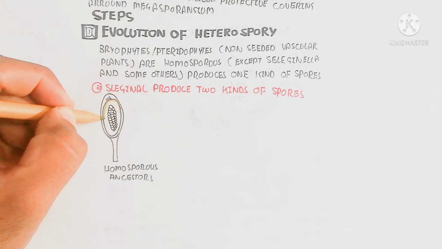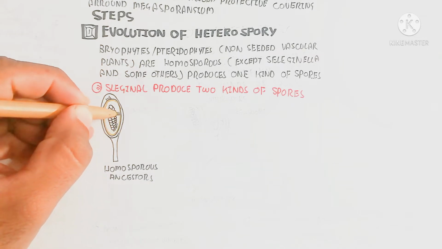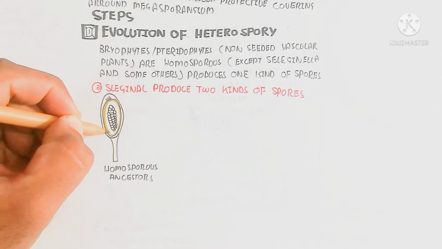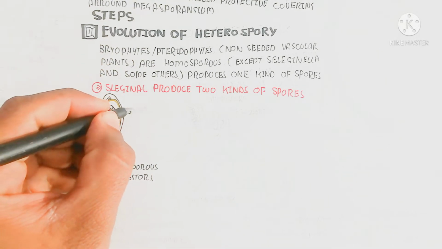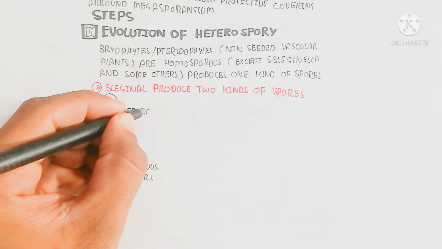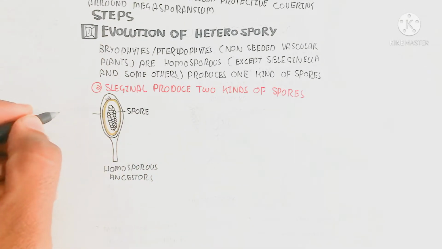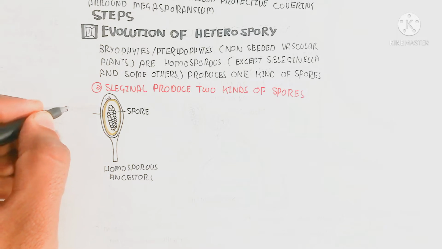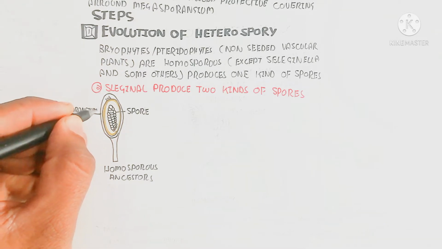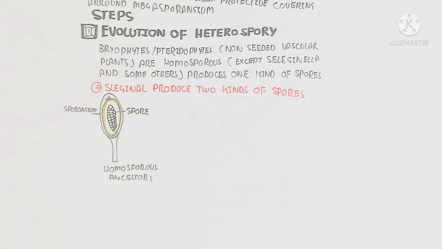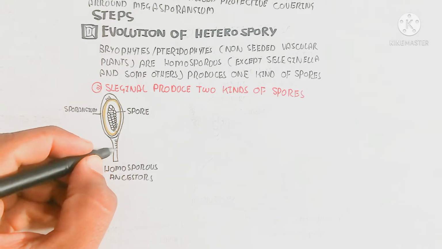I am drawing it again for understanding. This is the homosporous ancestor, which becomes a heterosporous ancestor. These are the spores and this is the sporangium. The sporangium is the important spore-producing organ, so that is known as a sporangium.